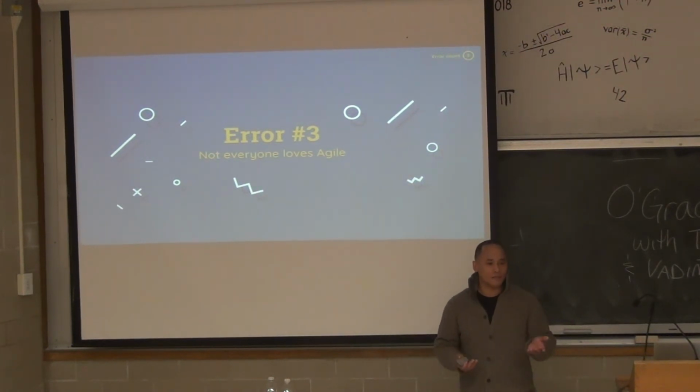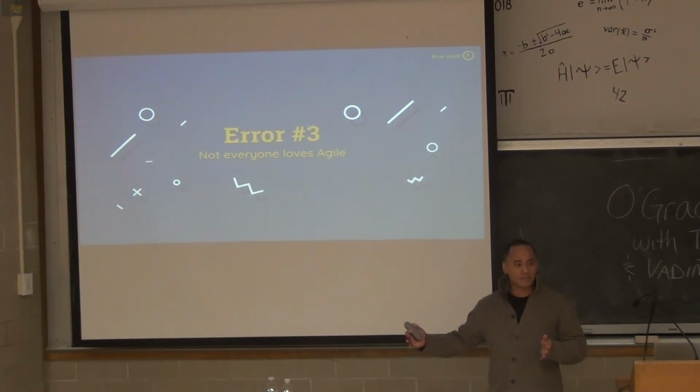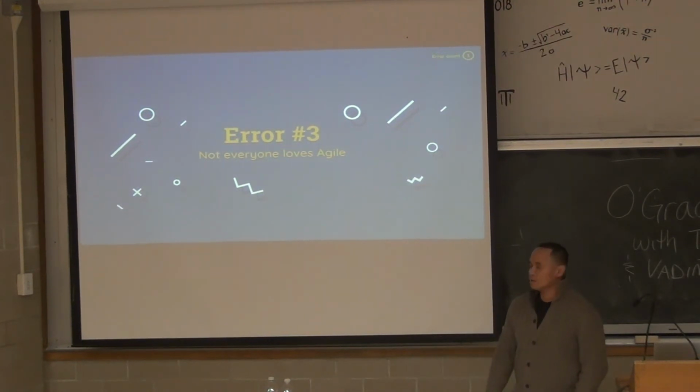But we did the Agile ceremonies, so we did our daily stand-ups, the retrospectives, all of the Agile ceremonies. The client wanted to see those clear objectives and what they were going to actually get at the end of the project. So again, not everybody loves Agile. Try to work with your client, find a middle ground, and make sure everybody's happy.